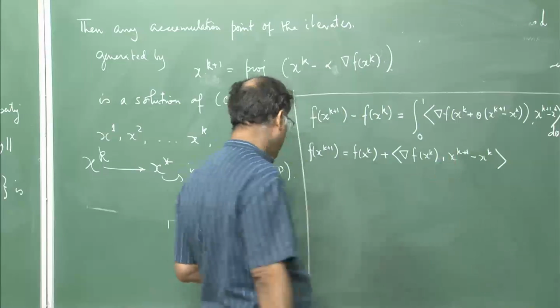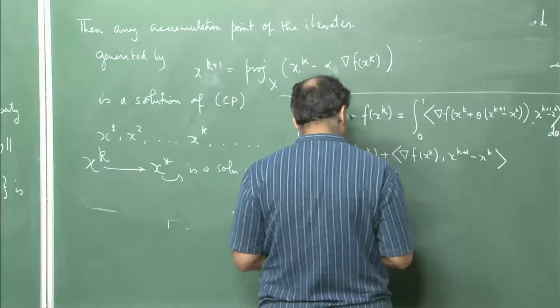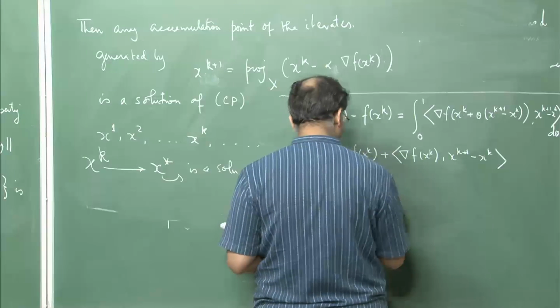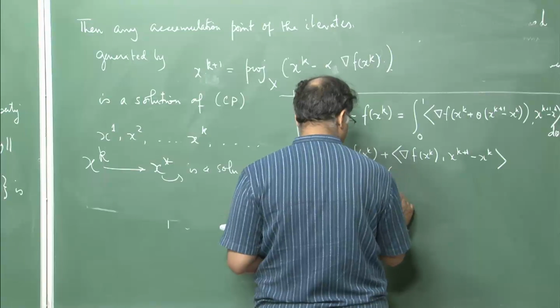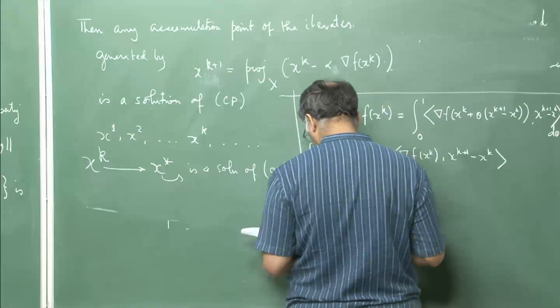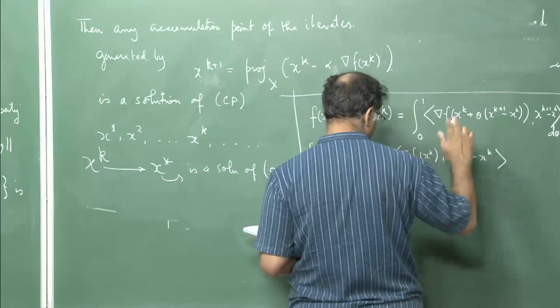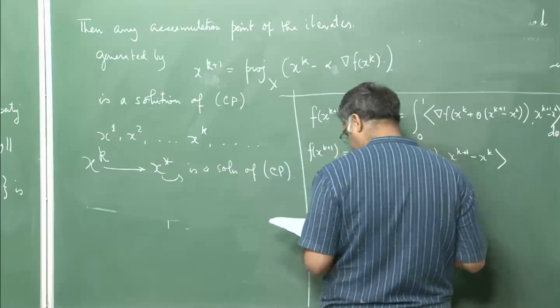If I also add, I also have to subtract, and then I can put the whole thing into the integral, because I can write any constant into 1. So, 1 can be written as the integral from 0 to 1 of d theta.